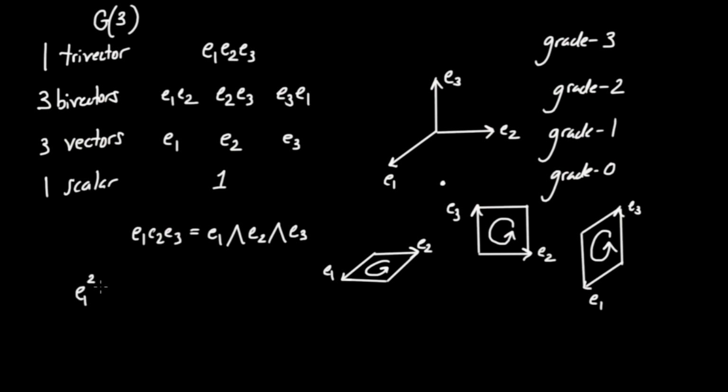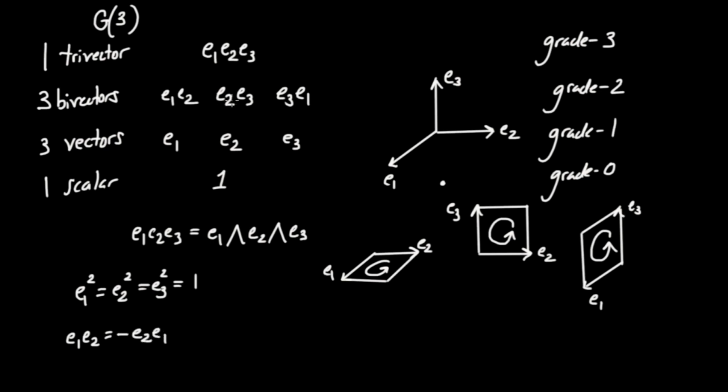All these vectors squared to 1: E1 squared equals E2 squared equals E3 squared equals 1. For identical reasons that we found that E1, E2 is minus E2, E1, flipping the order of any of these 2 will result in you having to put in a minus sign. So we found before in G2 that E1, E2 is minus E2, E1.